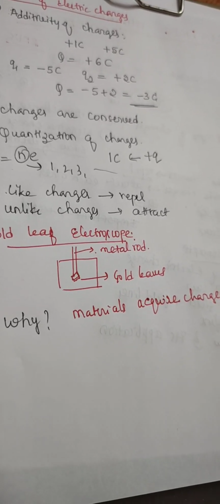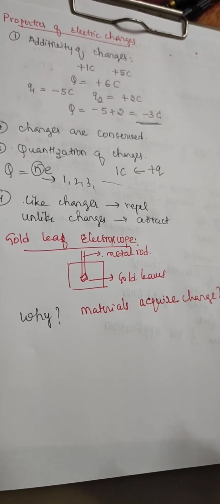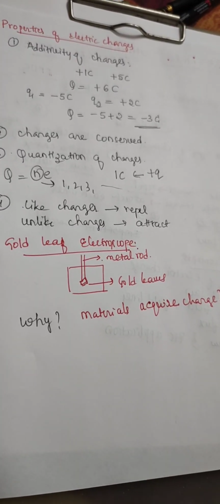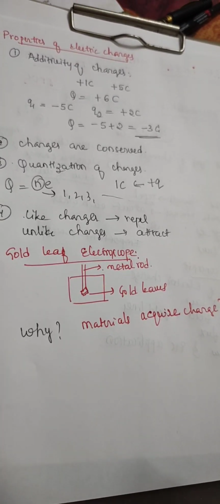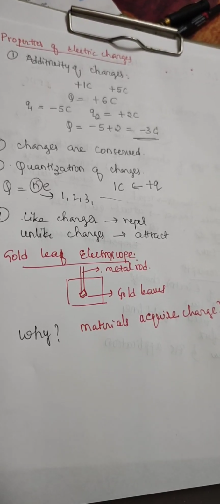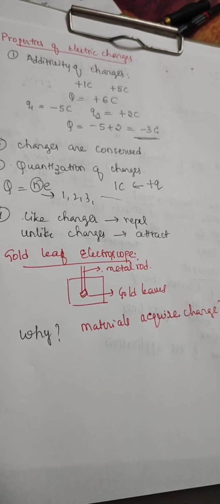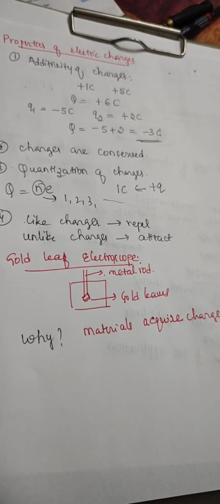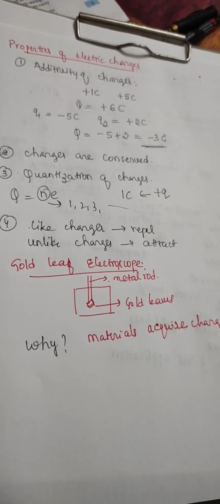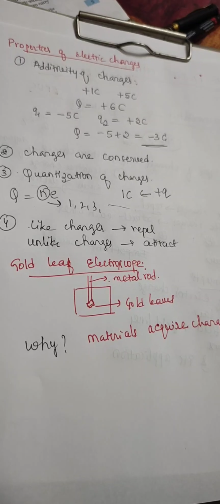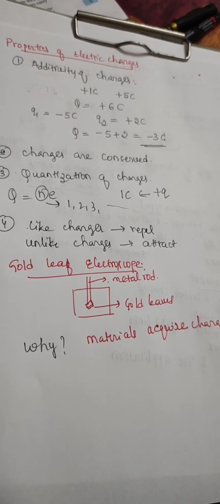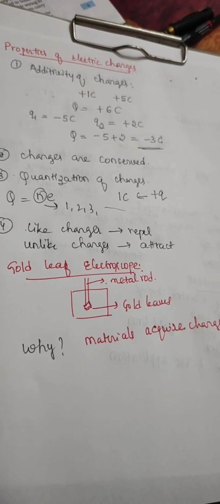All matter is made up of atoms or molecules, and these atoms are normally neutral. But there are a number of charging methods: charging by induction, charging by conduction, and charging by rubbing. So we are going to discuss now about rubbing.